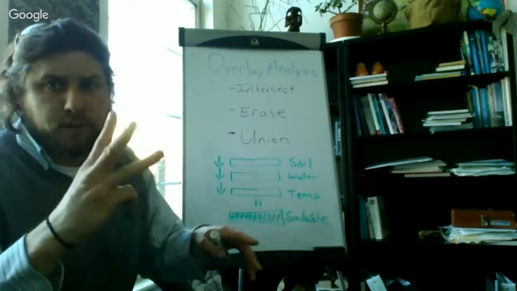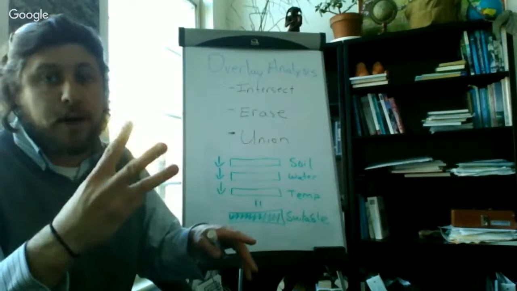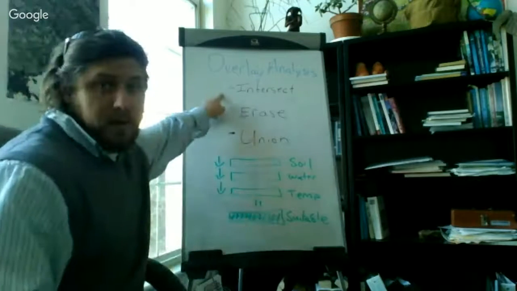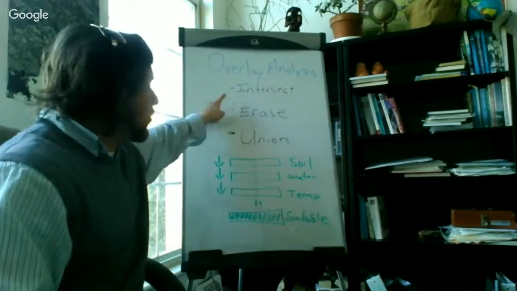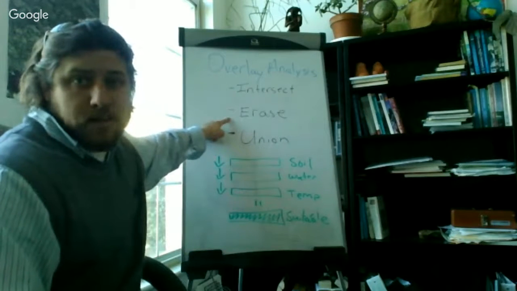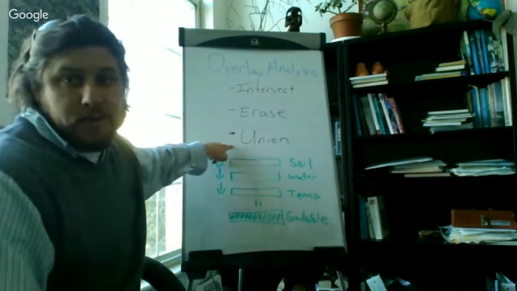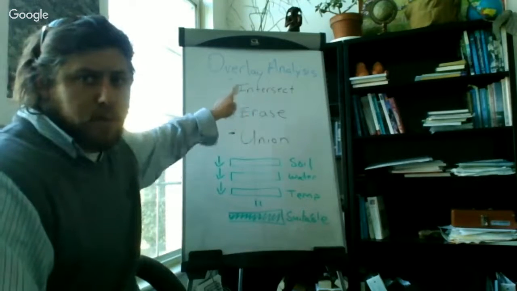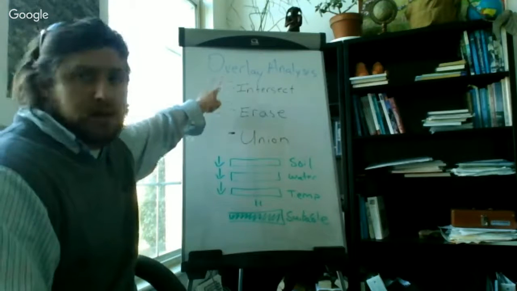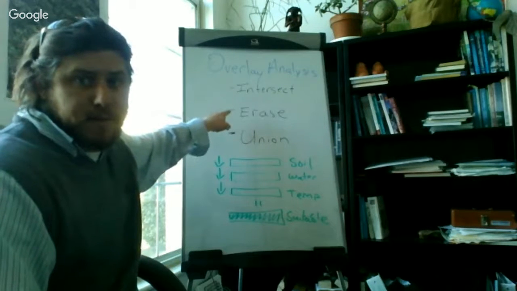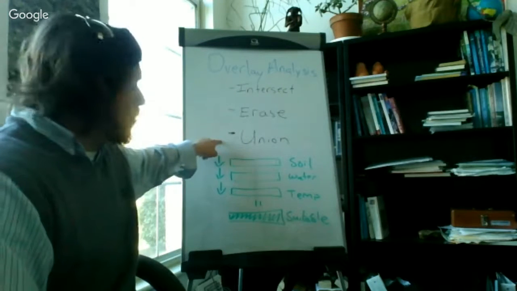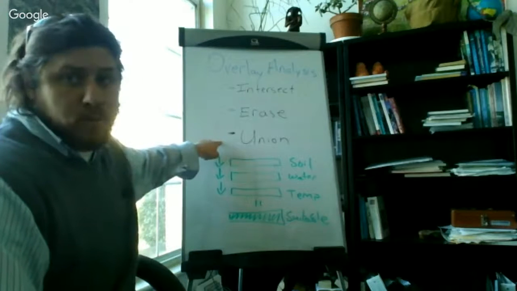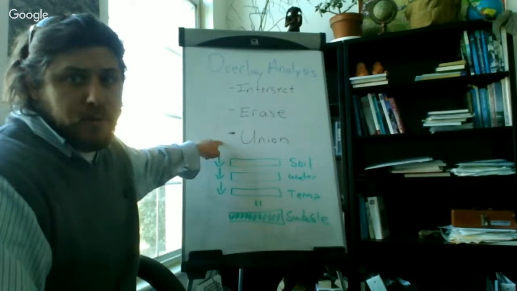There are three basic types of overlay operations: intersections, erase, and unions. Those are the three main ones. The ones we're going to focus on using the most are intersect and erase, but there's also something called a union, and we'll talk about those in greater detail.